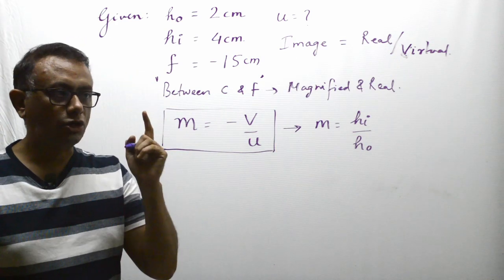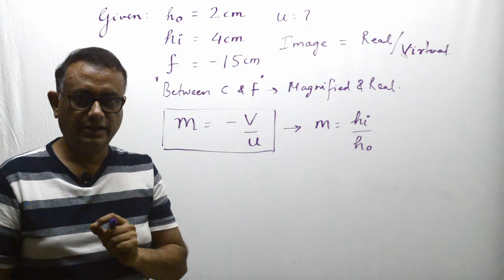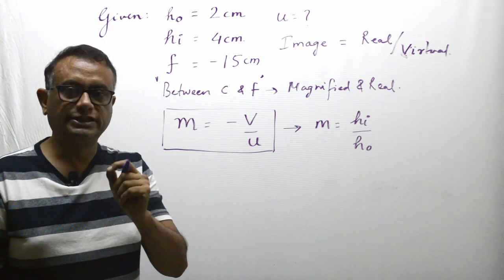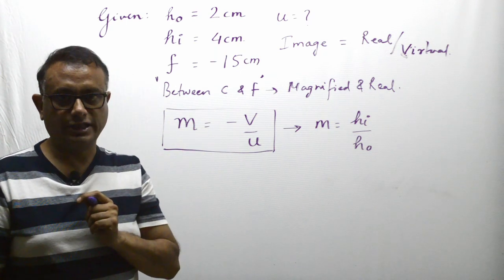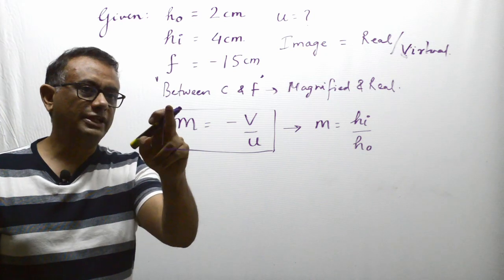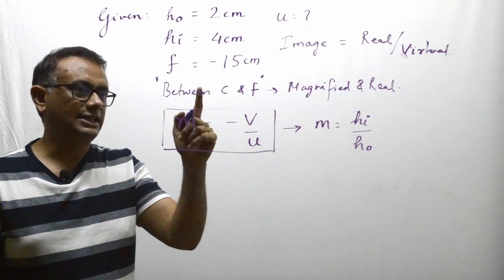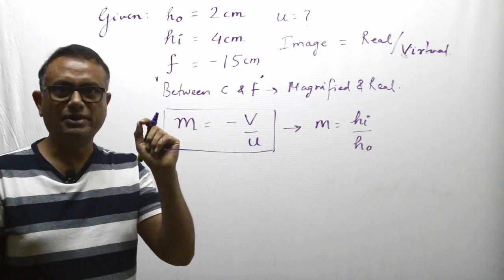Okay, so they may not all the time specify, they may just give a subtle data point here, and we should use the knowledge of our object positions, ray diagrams, image positions in order to solve these numericals, right? So when the object is placed between C and F, he is indirectly telling us that whatever image you are going to get, it is going to be real, it is going to be magnified.